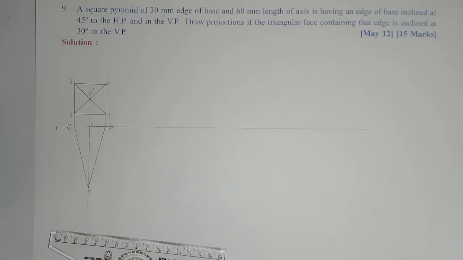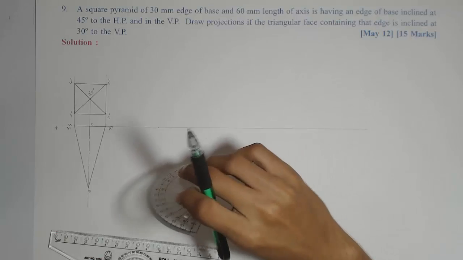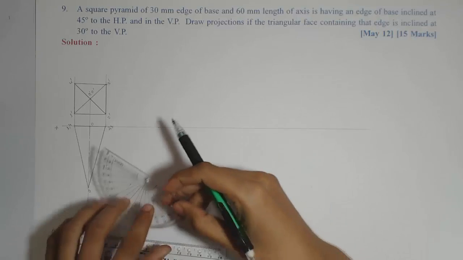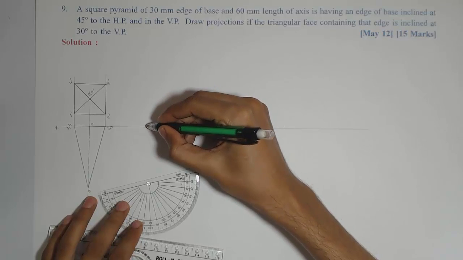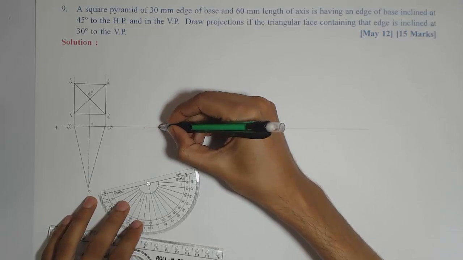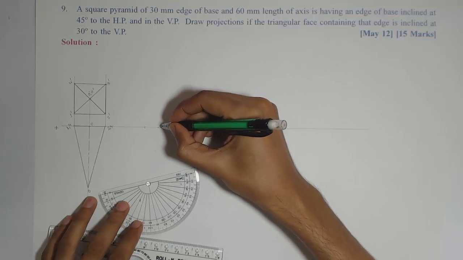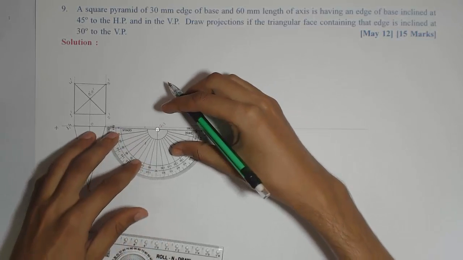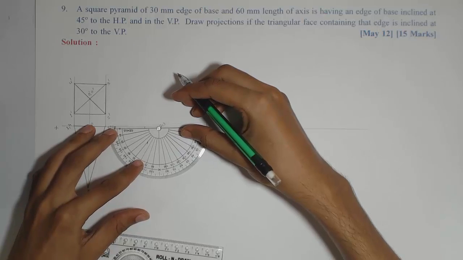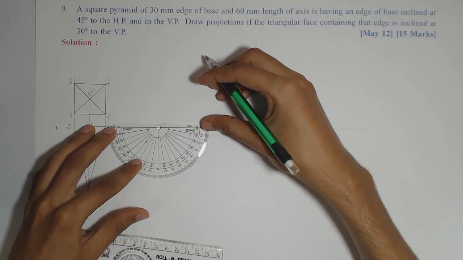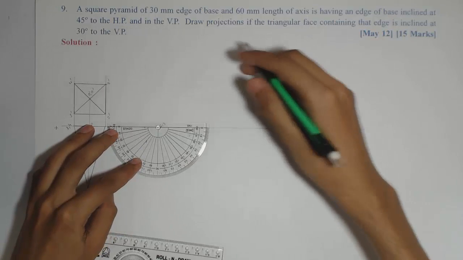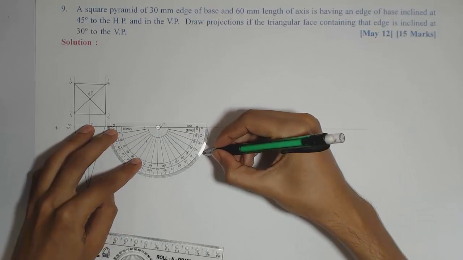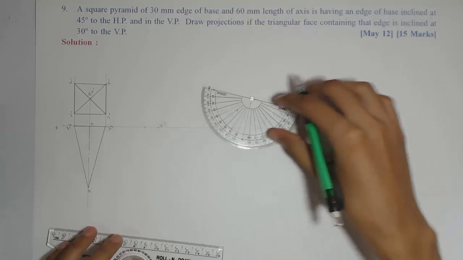So we'll first mark, fix 2 3 here. Okay, leave some space. So 2 3. Then we'll draw inclination of 30 degree, because angle with the VP we need to use for redrawing top view condition with the VP.